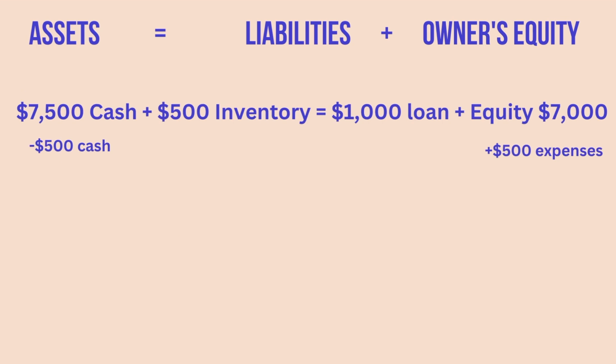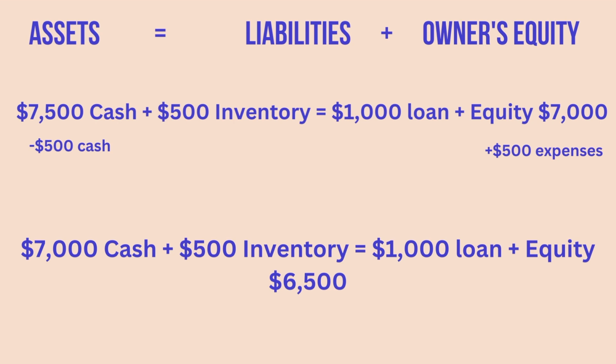Now let's say you use $500 of your cash to pay for monthly utility bills. Your cash is decreased by $500 and your expenses increase by $500. Your accounting equation now is assets, which equals $7,000 cash plus $500 in inventory, equals your liabilities of $1,000 of accounts payables plus shareholders' equities of $6,500.